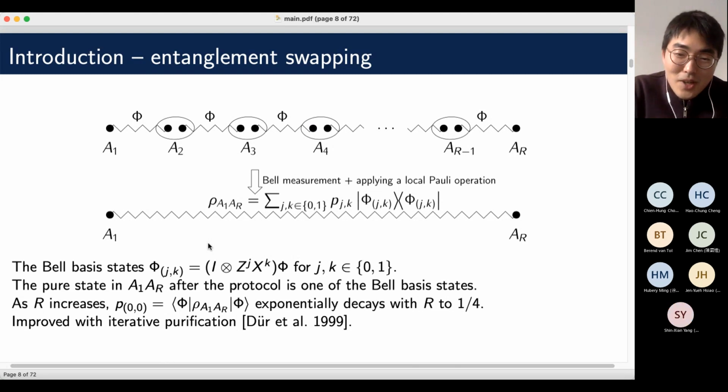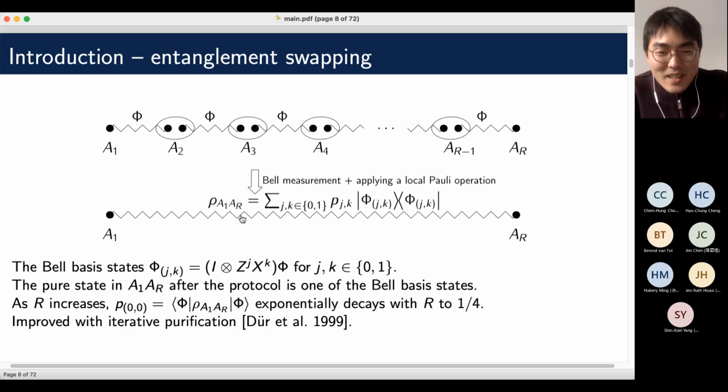But the problem is if there is some noise which is applied to every qubit independently, for example, then this outcome, rho A1 AR, would not be very useful because the probability of having the correct Bell state would decay with R exponentially.